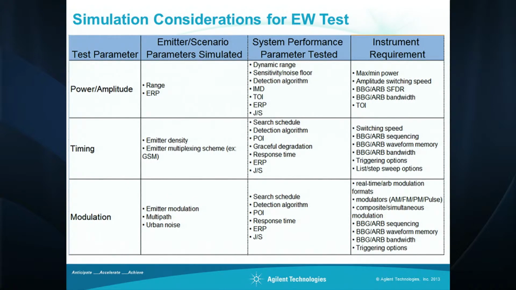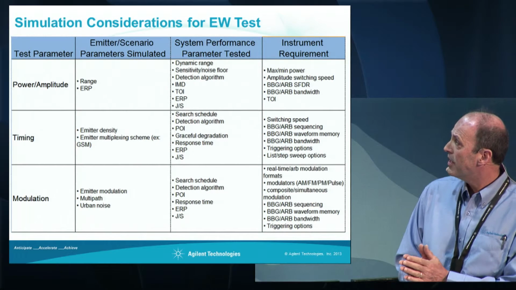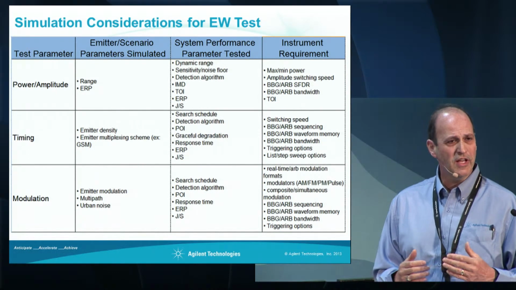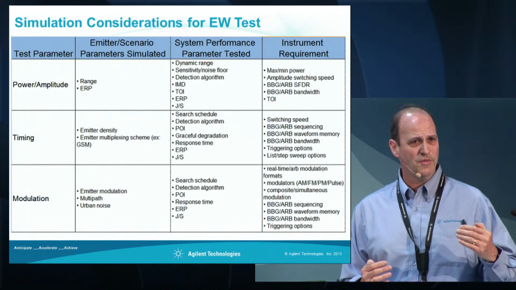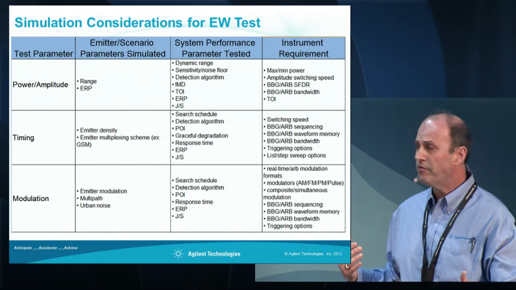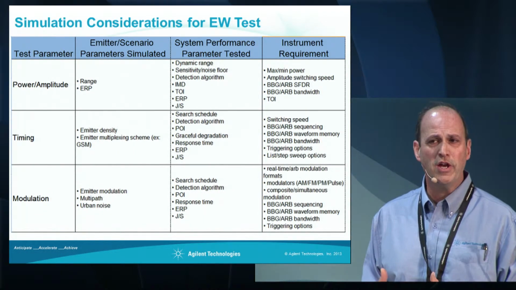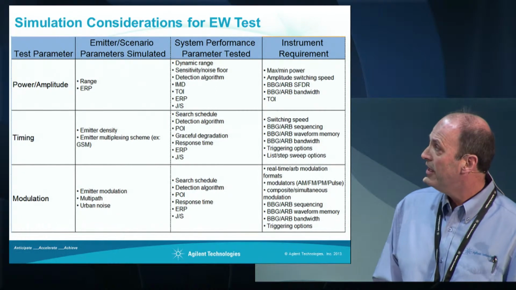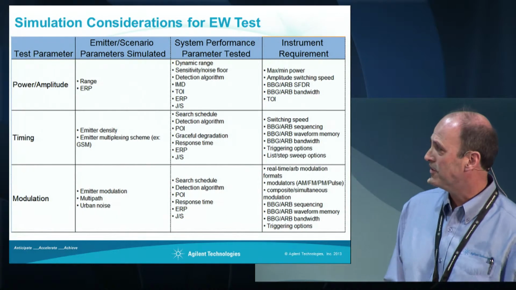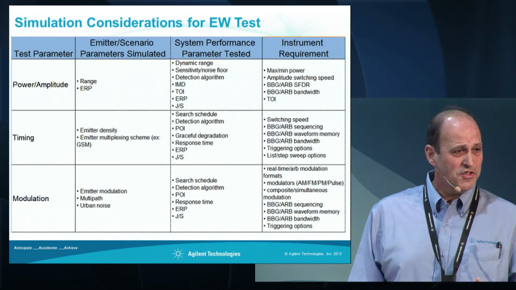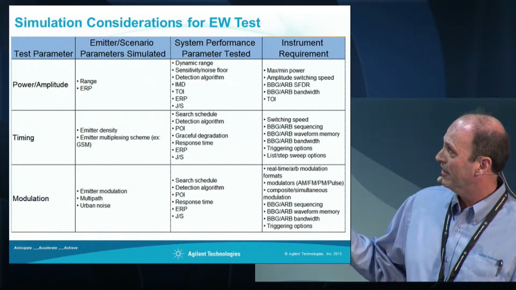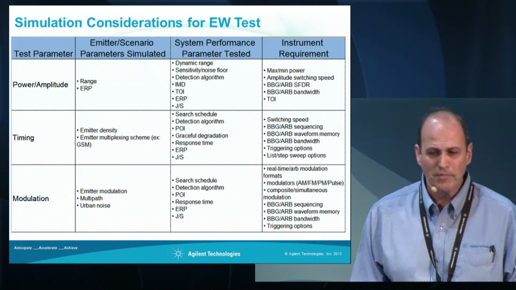So, for example, with power issues, if we want to simulate the harmful signals that may be either close to the IED or far away from the IED, that impacts the range over which the jammer is affected, and also the effective radiated power of the detonation signal. That therefore has implications on the system performance that we're looking for.